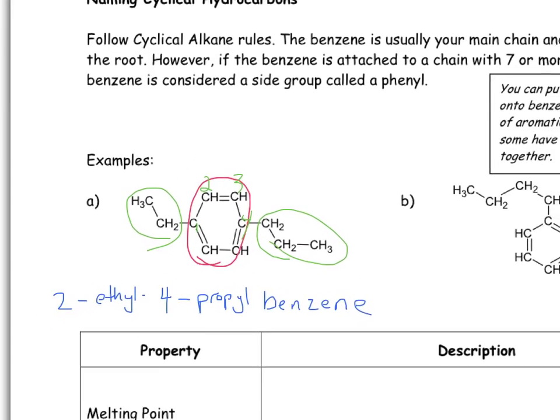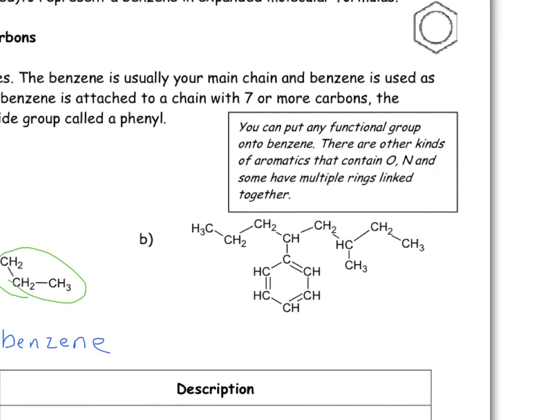Now for molecule B. My benzene is attached to a very long side chain, and it has 1, 2, 3, 4, 5, 6, 7, 8. So because my side chain has more carbons in it, then my benzene becomes a side chain, and we call it a phenyl group.